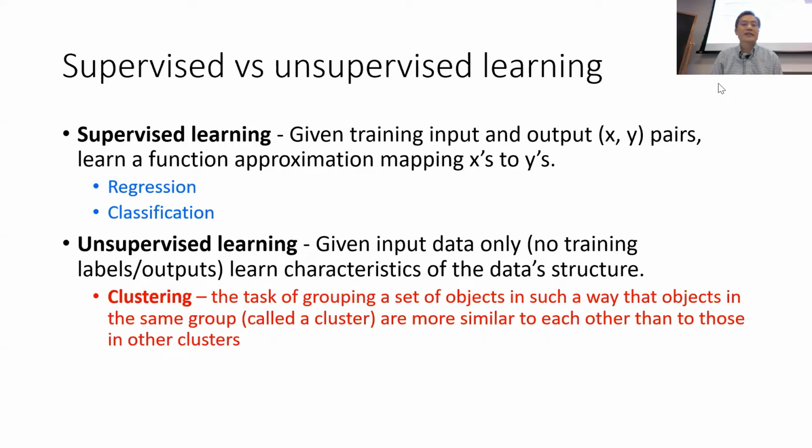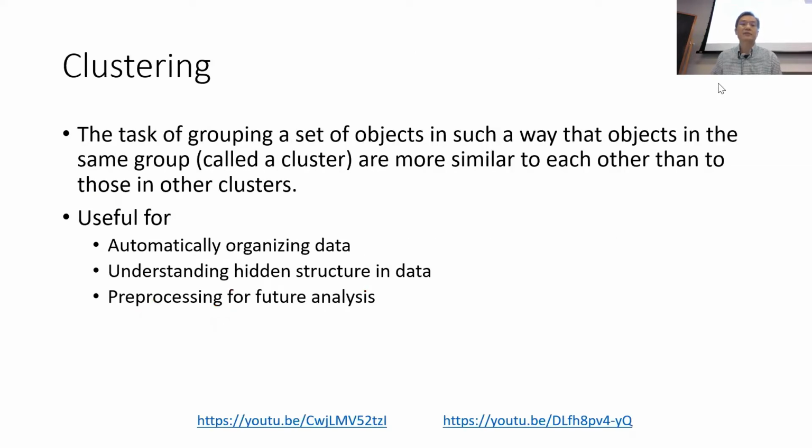So this belongs to unsupervised learning. You don't have to teach or train your clustering algorithm. You just give the input and let it do it automatically. It automatically organizes your data and finds the hidden structure in your data.